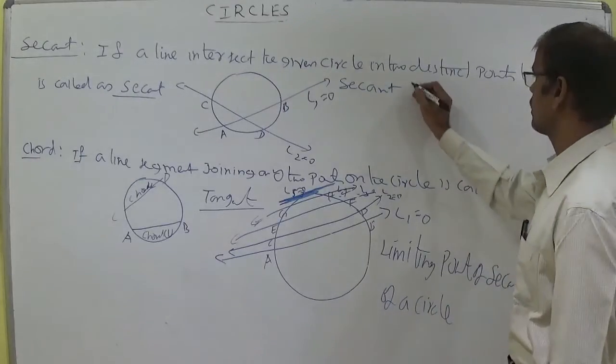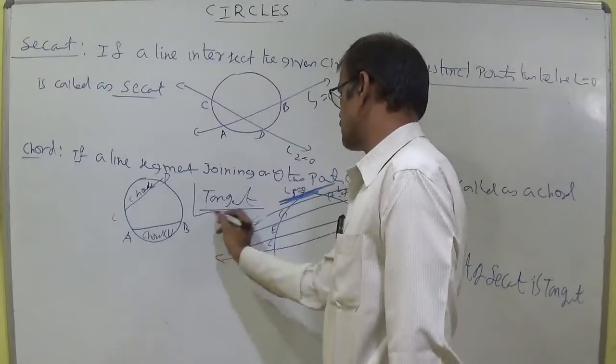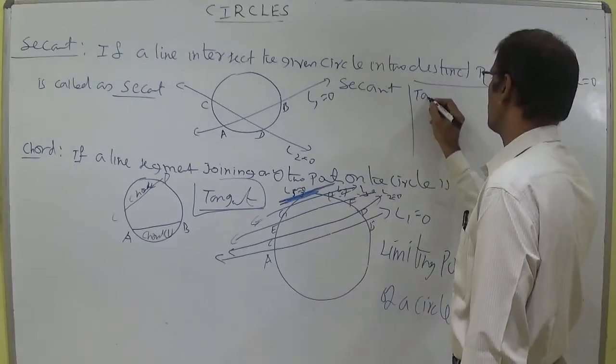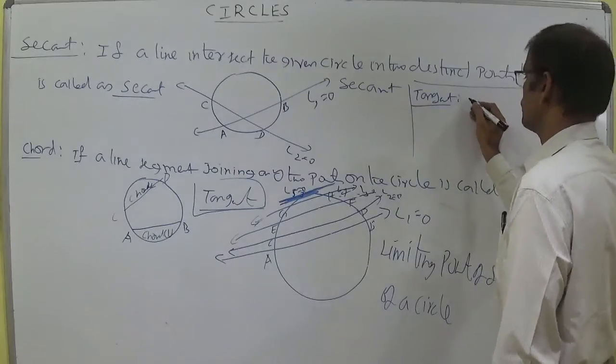In another way, put a side heading here: tangent. Later you draw the diagram and write the definition. Once again, in another way, I am saying the definition.